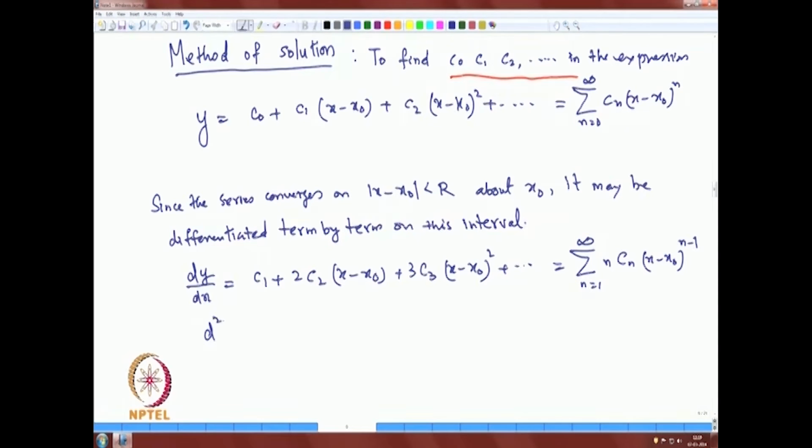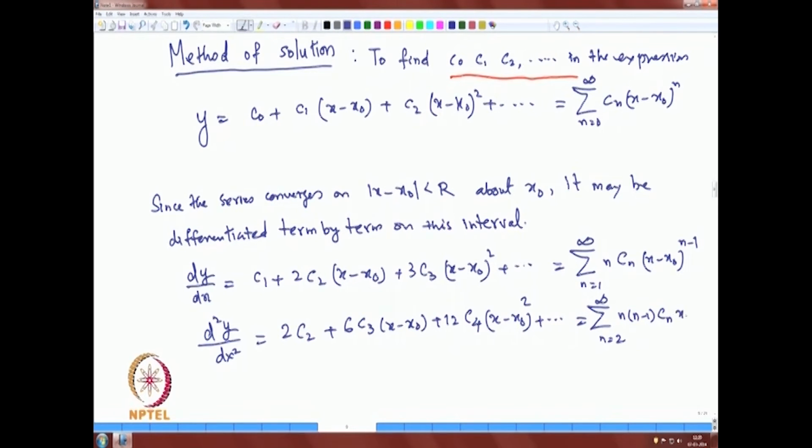And similarly, the second derivative d square y by dx square, the derivative of the above series, is 2c2 plus 6c3 into (x minus x0) plus 12c4 into (x minus x0) square plus etc., which is written as summation n is equal to 2 to infinity n into (n minus 1) into Cn (x minus x0) to the power n minus 2.